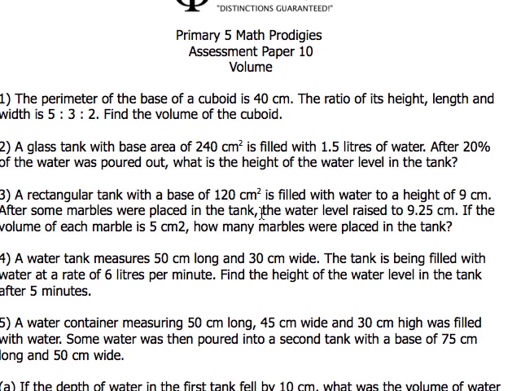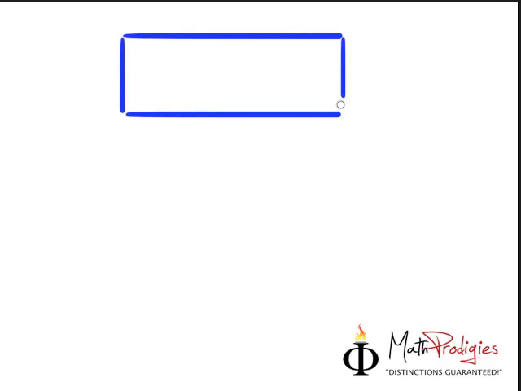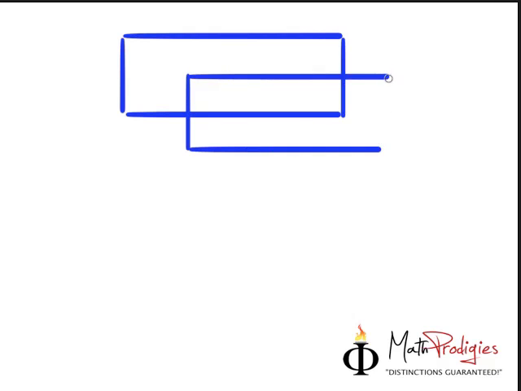So first off, breathe, relax. This is very simple stuff. Let me draw this out for you. So this is our rectangular tank, and it says that it's filled with water till the 9 cm mark.